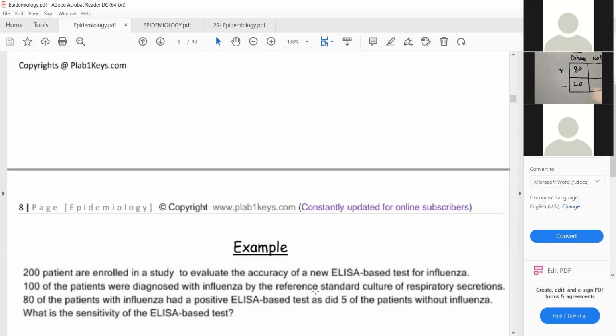Why are we calling them false negative? Because they have the disease, but their ELISA screening test is negative.